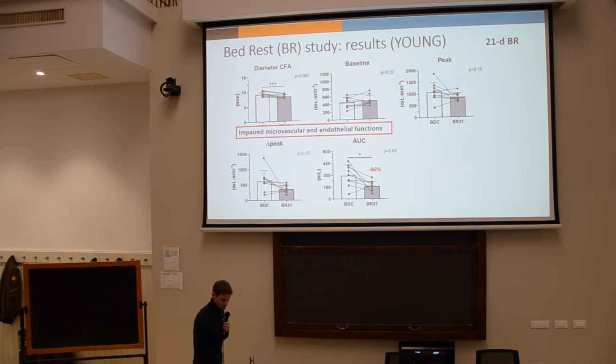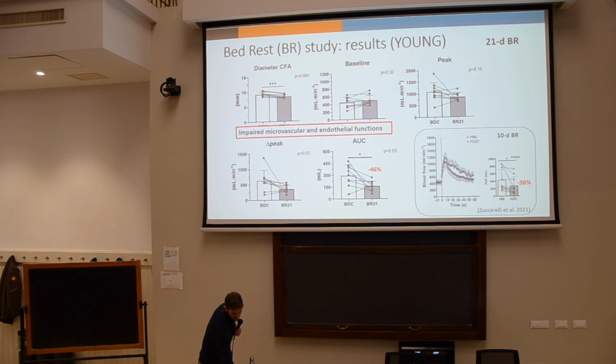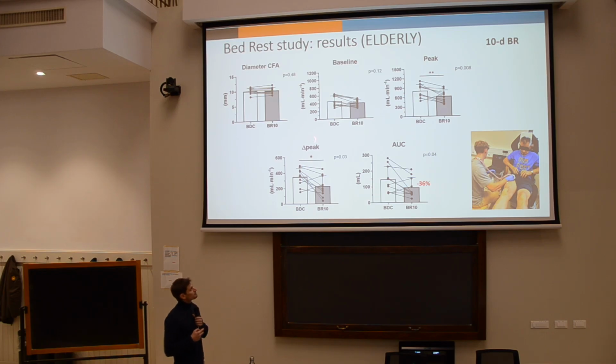This confirms previous data by our group obtained after 10 days of bed rest in young individuals. Signs of impaired microvascular and endothelial function were observed also in the elderly group, but after 10 days of bed rest and in the absence of structural changes.